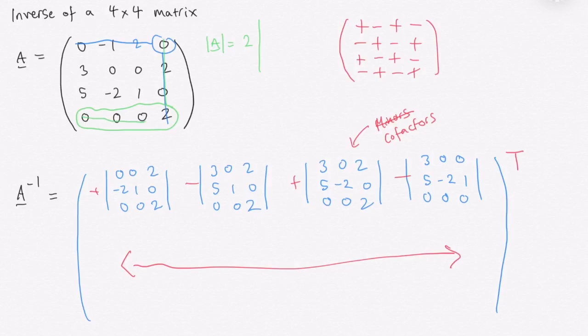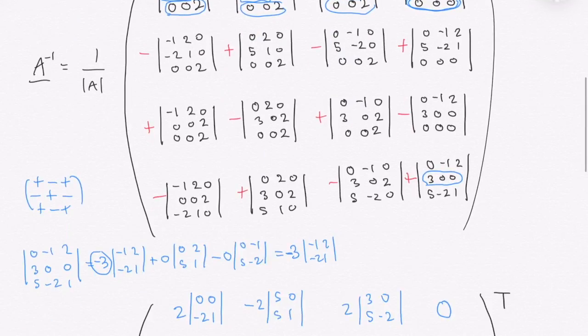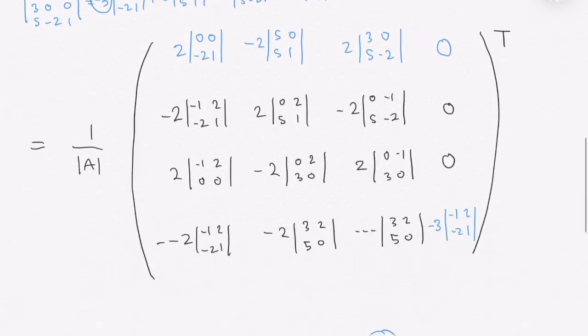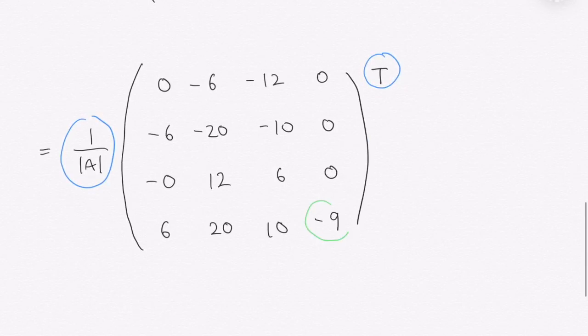So 0, -1, 2, 3, 0, 0, 5, -1, 2. And notice it is a +2, because if we go to our matrix of signs here, this 2 comes with the sign positive. Well, we don't need to worry too much about calculating this determinant, because we've actually already done it, because that is just going to be this element here. So actually we have calculated that element as being -9.